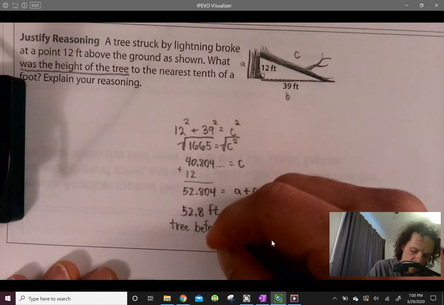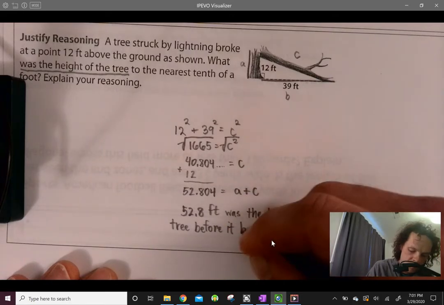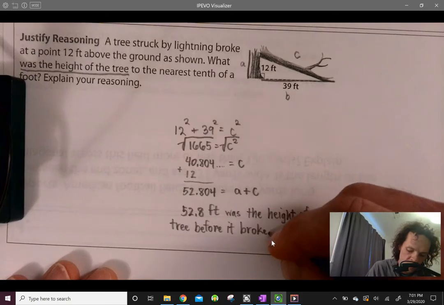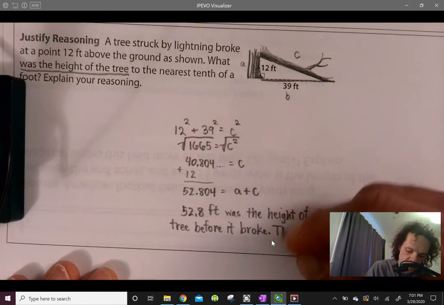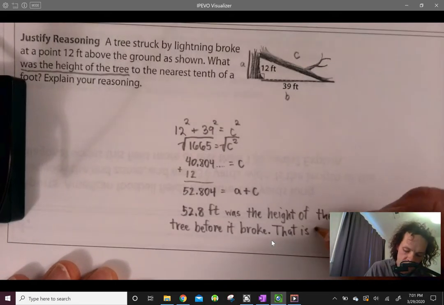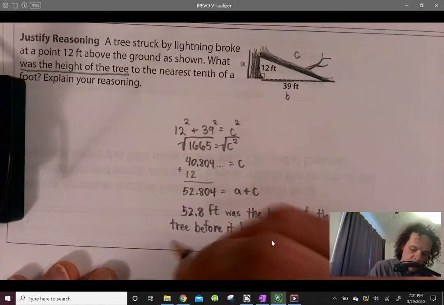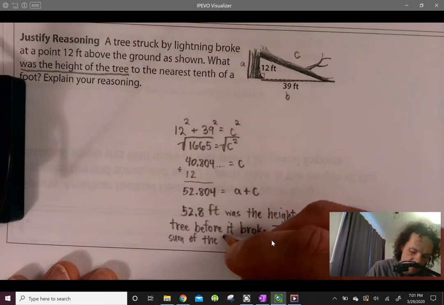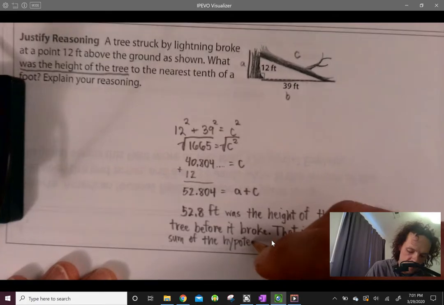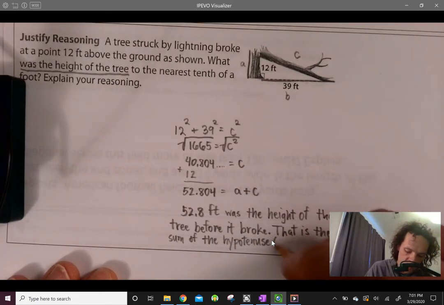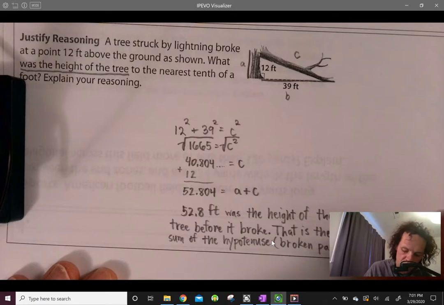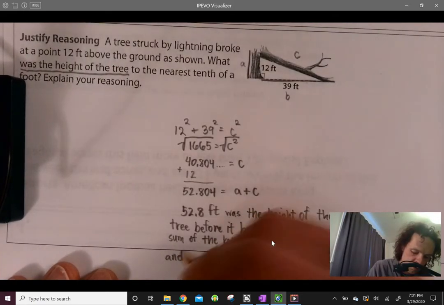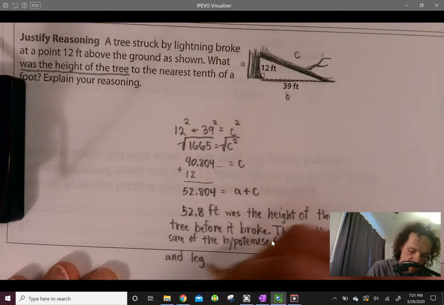before it broke. That is the sum of the hypotenuse or the broken piece and leg A still standing.